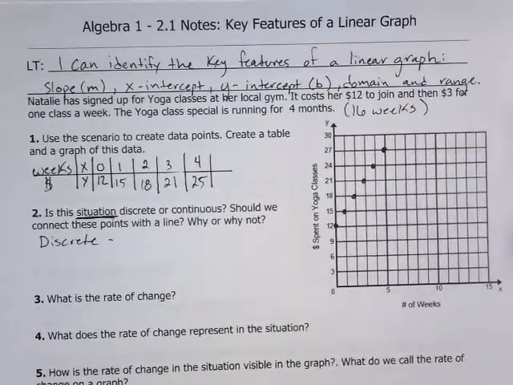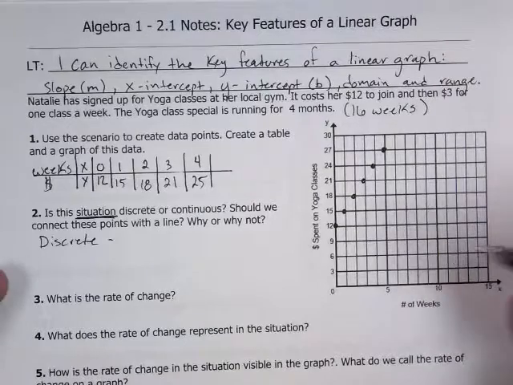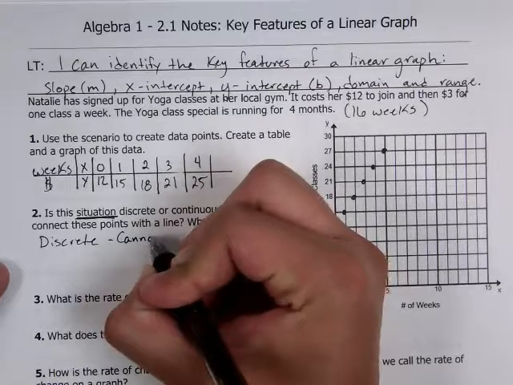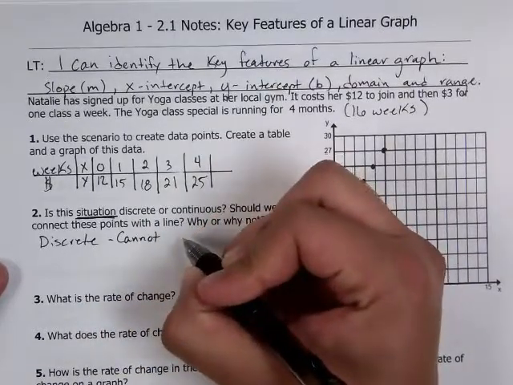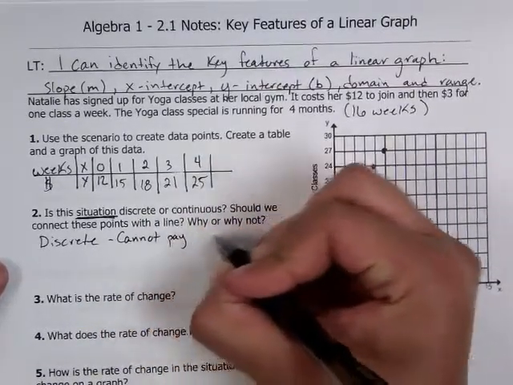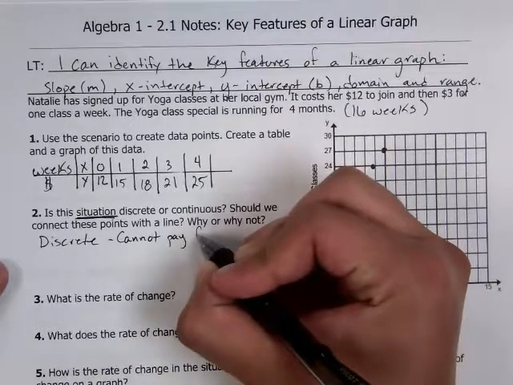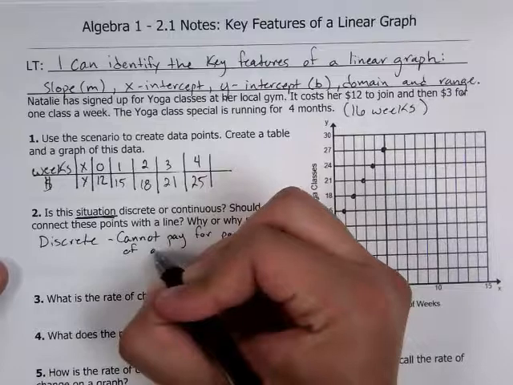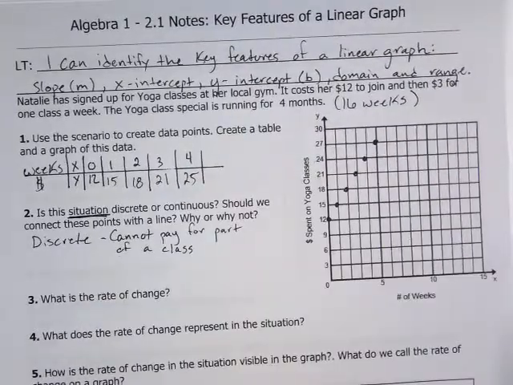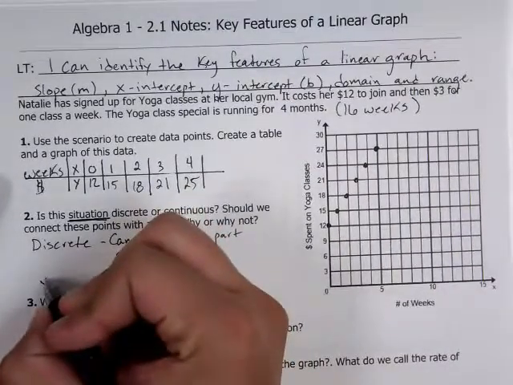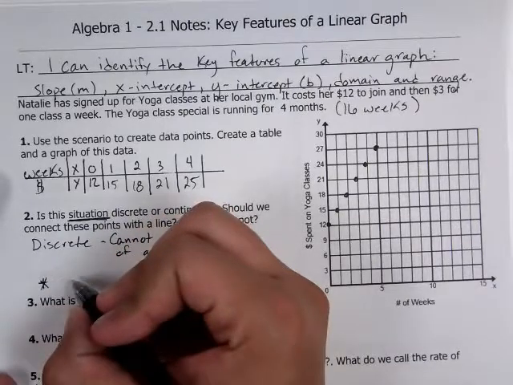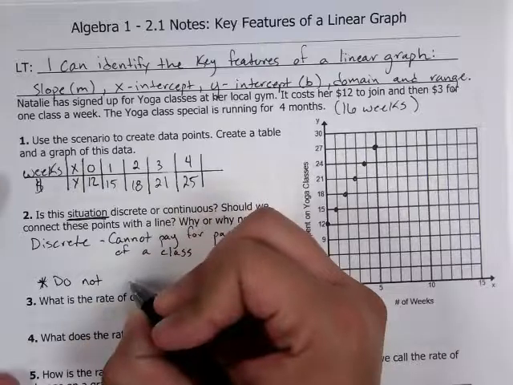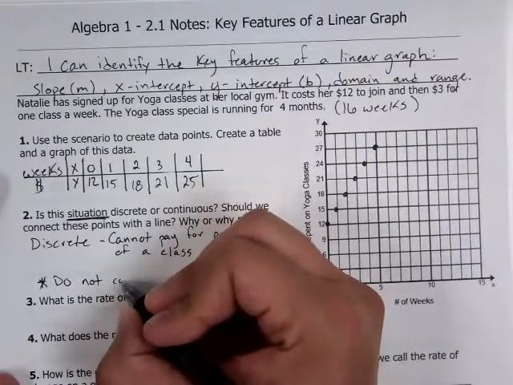You either attend a whole class or you don't attend a class at all. So because you cannot pay for part of a class, do not connect with a line.